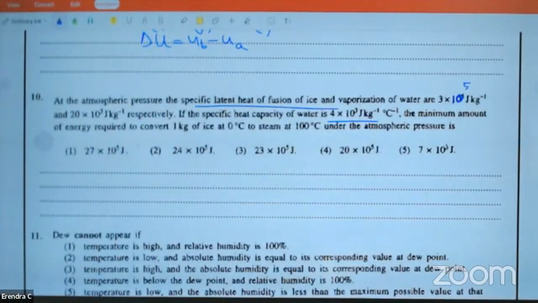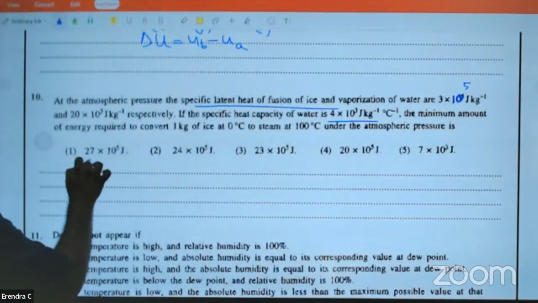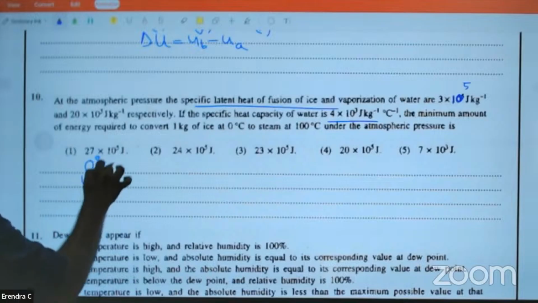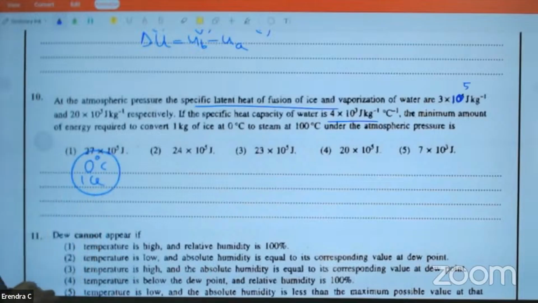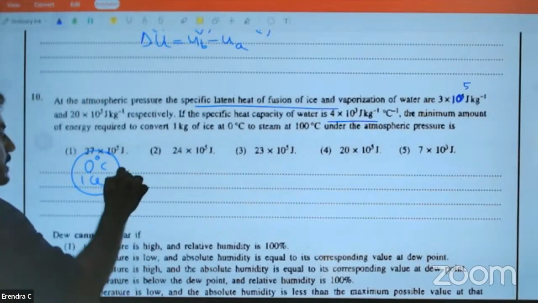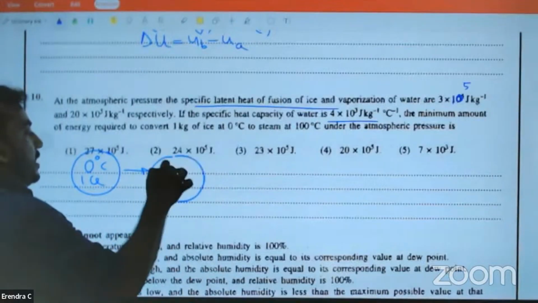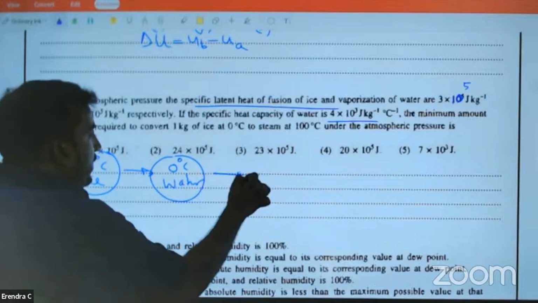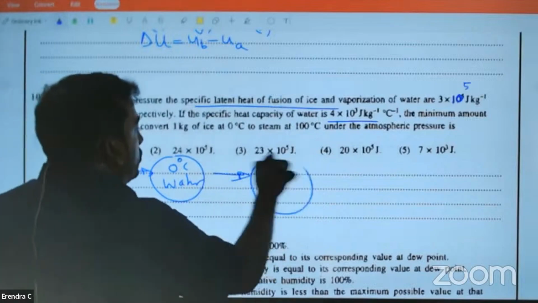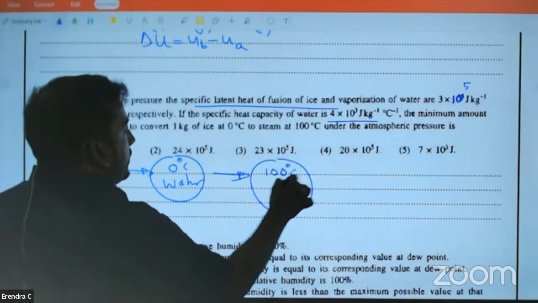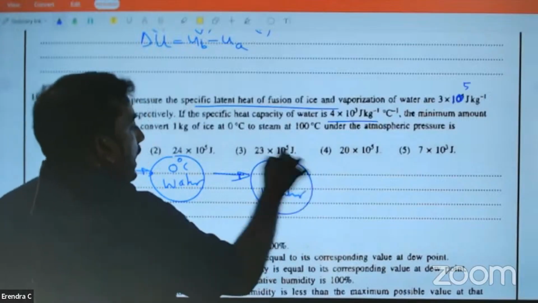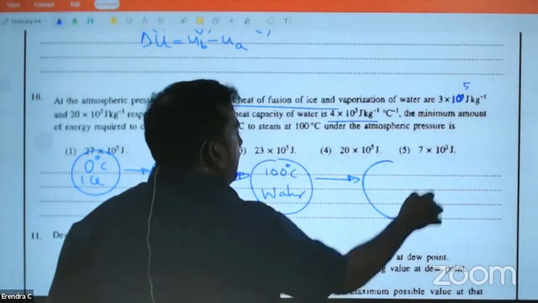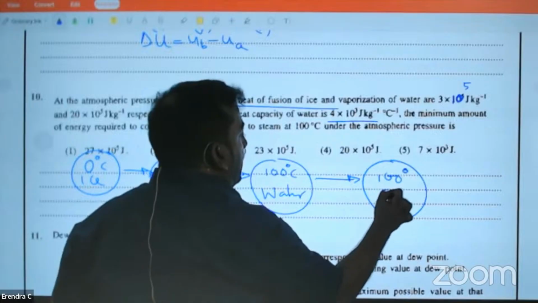Minimum amount of heat required to convert 1 kilogram of ice. Now, how do you convert ice? You supply heat. 0 degree ice converts to 0 degree water, 0 degree water converts to 100 degree water, and 100 degree water converts to 100 degree steam.